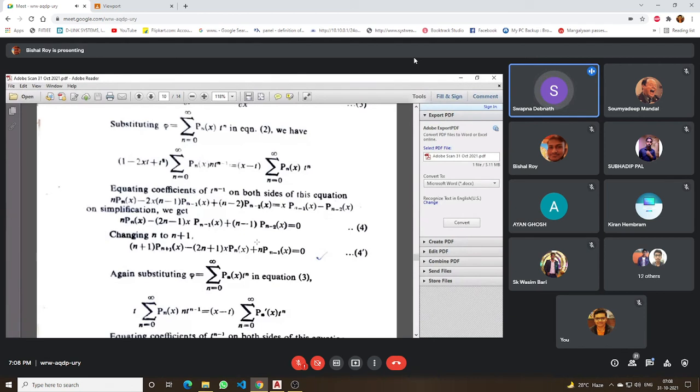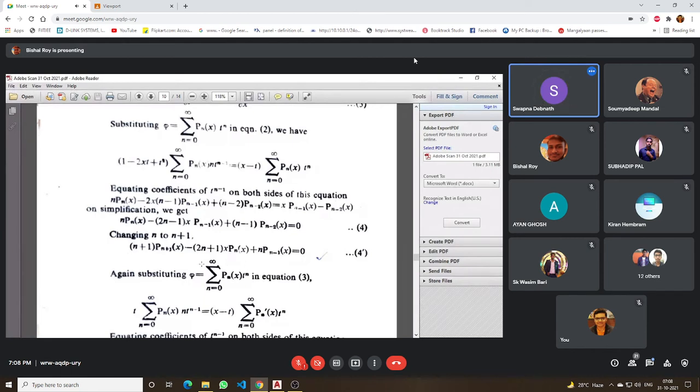This is one recurrence relation. Again, if we put n equal to n+1, we arrive at the next equation, which is another recurrence relation.